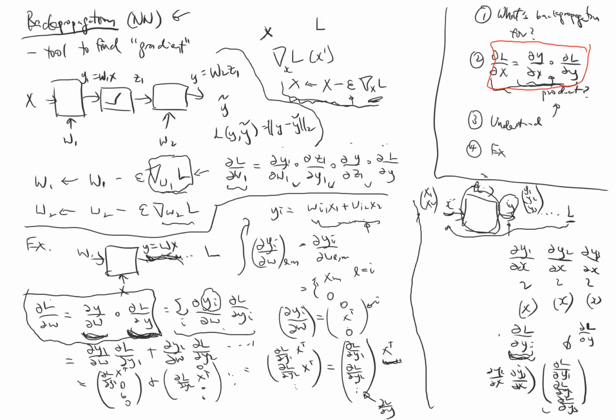Otherwise, if your inputs are matrices or even higher dimensional objects, then this product will be a complicated matrix-tensor product, and you can't write it in a very simple, concise way.